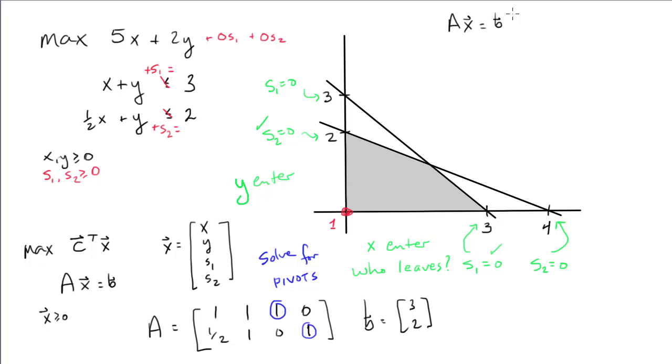Set up the augmented matrix for AX equals B. Let's have X enter the basis. So the pivot is going to move to the first column, either the first row or the second row. Let's start with the first row.